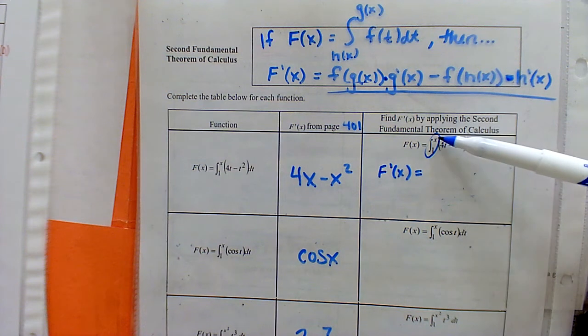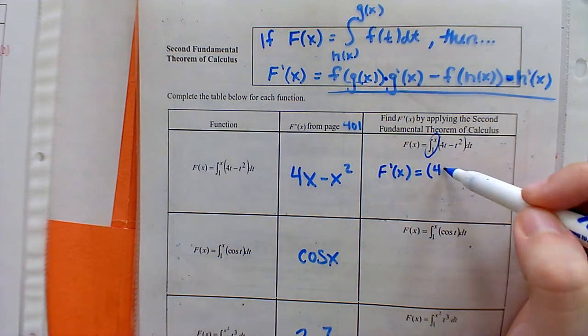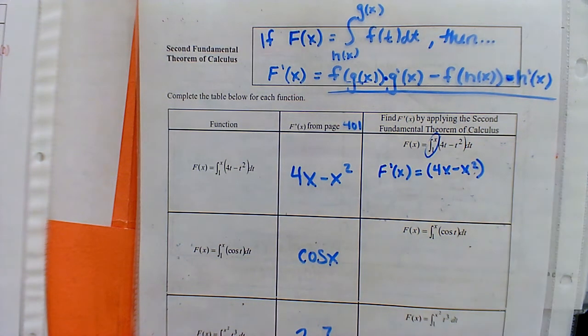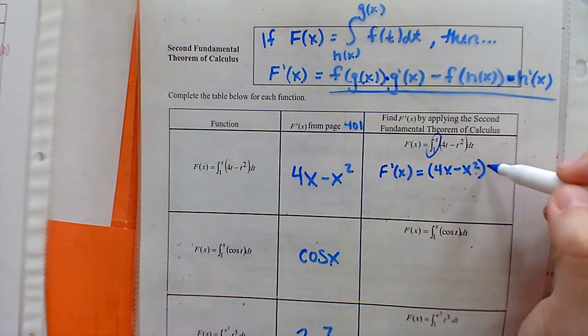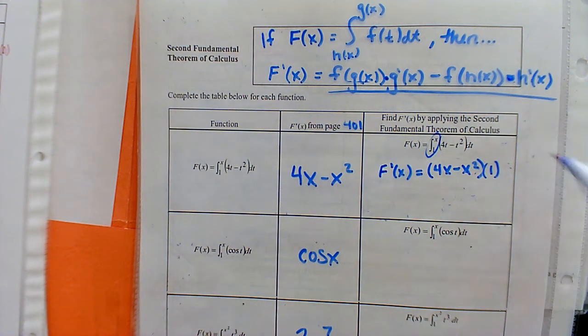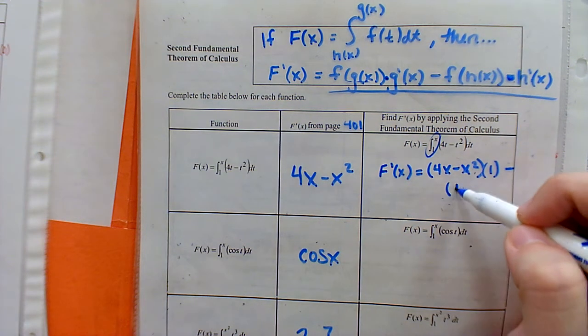So if we were to plug in the top bound into the function, we would get 4x minus x squared. But then we have to multiply by the derivative of that bound, which would be what? The derivative of x is just 1. Okay? To continue, we'd have to subtract what we get when we plug in the bottom bound.